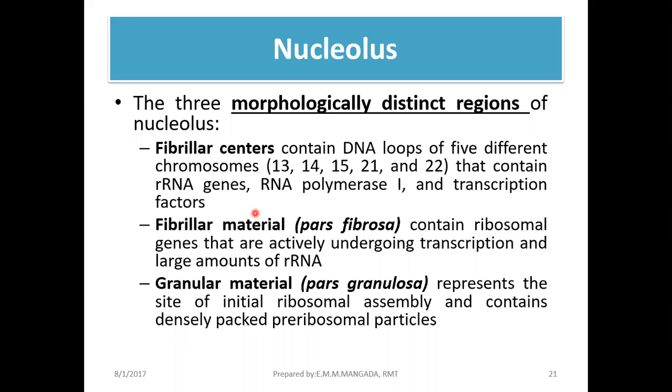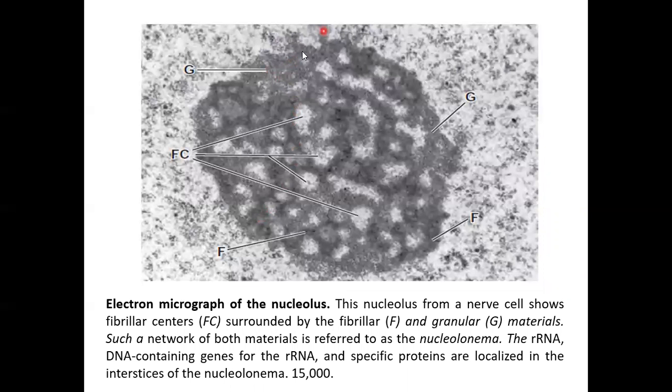Okay? So, guys, now we have the three morphologically distinct regions of the nucleolus. We have the fibrillar center, fibrillar material or your pars fibrosa, and granular material or your pars granulosa. So guys, andito yung picture niya. Nasa image din kanina to. So if you can see here, the G here is your granulosa. This is the fibrillar center, yung mga nasa gitna po nung ating pars granulosa at pars fibrosa natin.